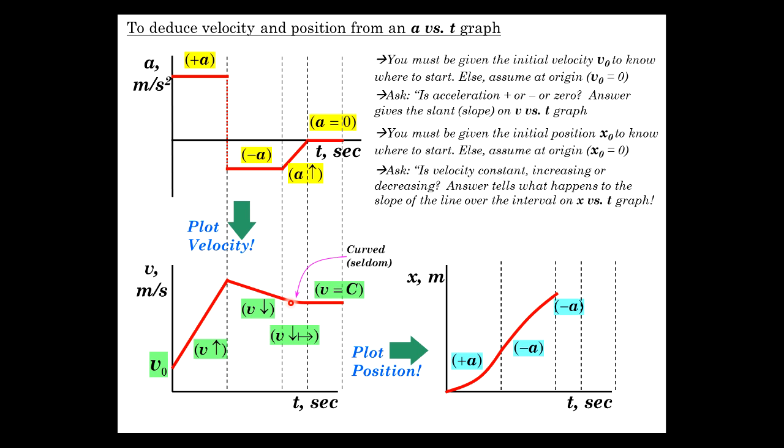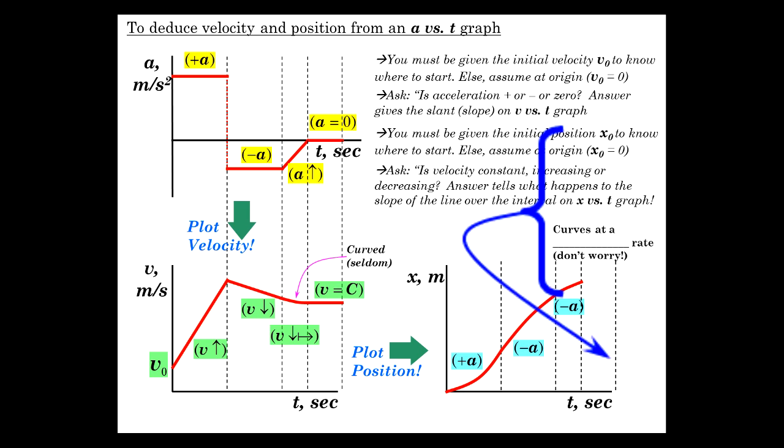The velocity is positive the whole time, but getting slightly less positive. At the end of this interval, the slope of this line better equal this value. At the beginning of the interval, the slope equals this value. Very small change.